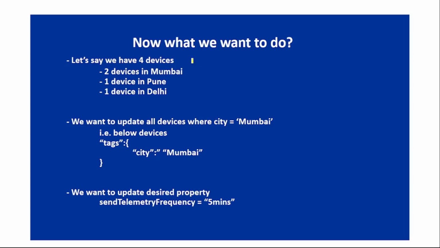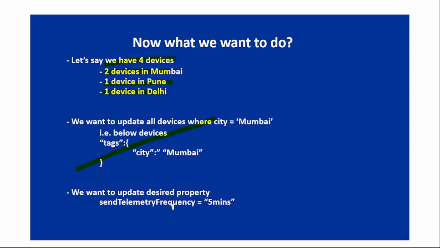Now let's assume we have a total of 4 IoT devices registered in IoT Hub. 2 devices are in Mumbai, 1 device is in Pune and 1 device is in Delhi. And of course this city information will be there under the tags section of the device twin, something like this.